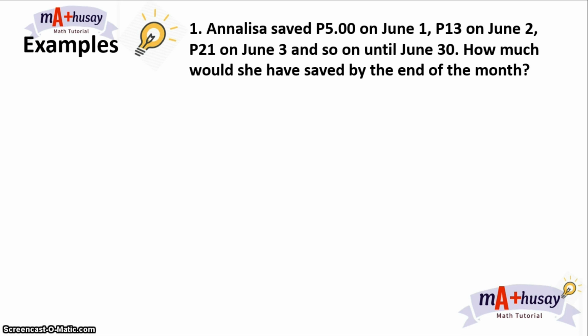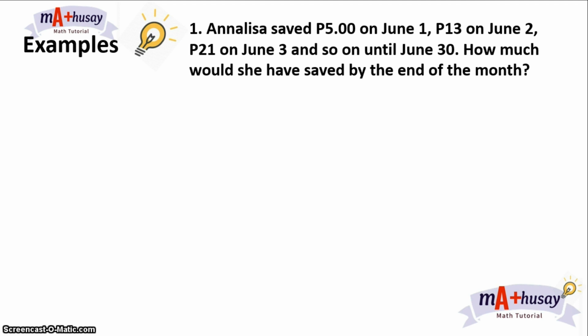Let's take example number 1. Annalisa saved 5 pesos on June 1, 13 pesos on June 2, 21 pesos on June 3, and so on until June 30. How much would she have saved by the end of the month?